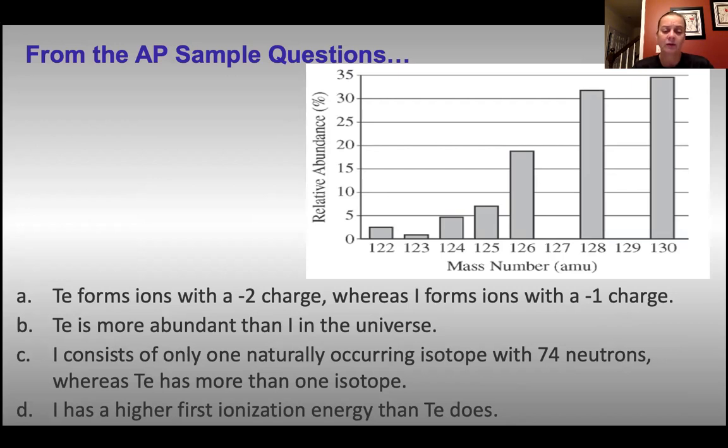Iodine consists of only one naturally occurring isotope with 74 neutrons, whereas tellurium has more than one isotope. That one is going to tell us that there's no iodine here. And iodine has a higher first ionization energy than tellurium does. Again, true, but irrelevant to the question about mass spectroscopy.